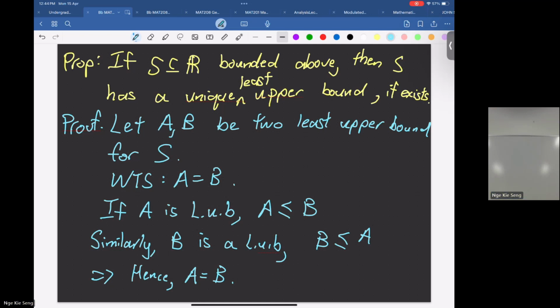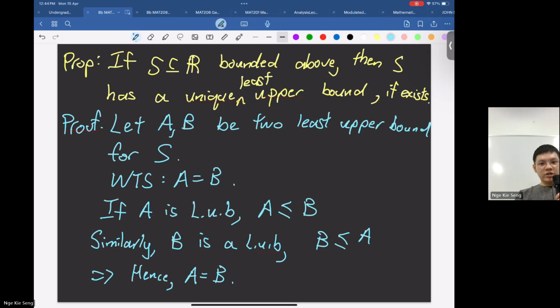You need to be aware of this minimum and maximum thing. They sometimes bring this uniqueness property: if it exists, there is really only one.